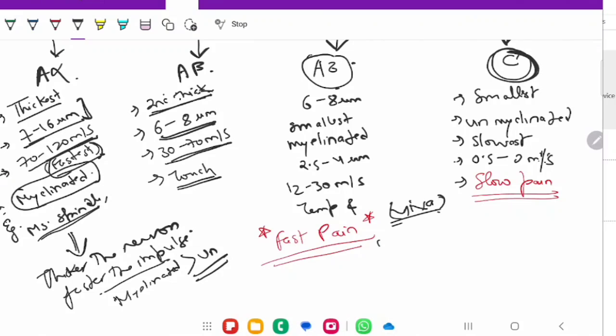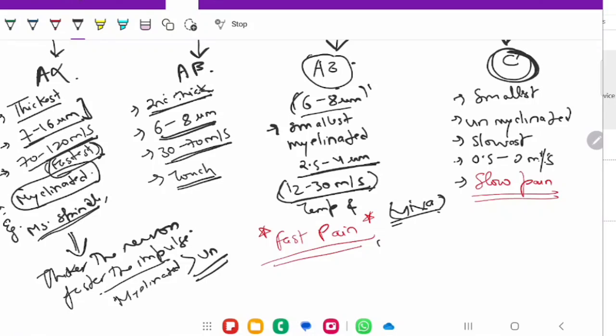So we'll see. Anyways, A delta, the next thickest diameter, 6 to 8. It is the smallest myelinated nerve fiber, and their velocity is 12 to 30 meters per second.